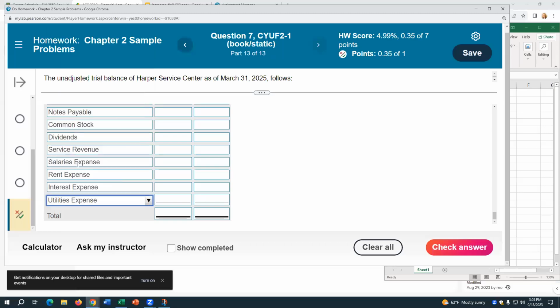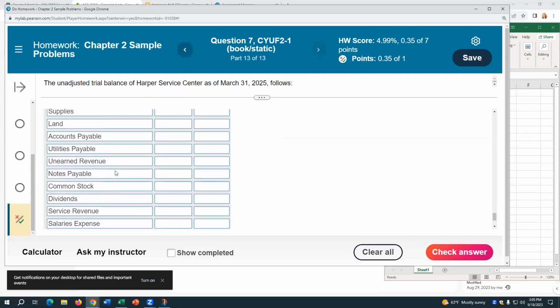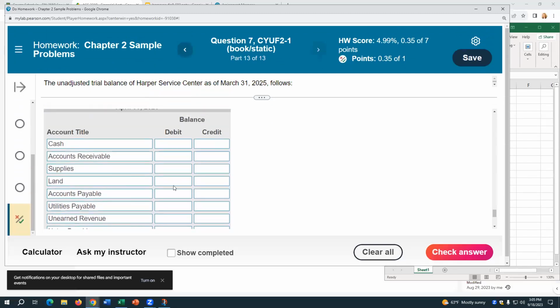Okay, that was super fast, so we'll go through this more slowly. We're just copying the names of all the accounts down, and they were kind enough that the first column was assets, the second column was liabilities and equity, and the third column had revenues and then expenses in order.